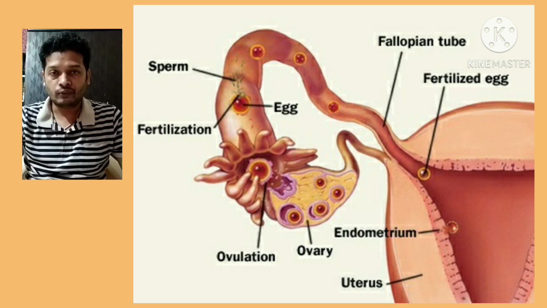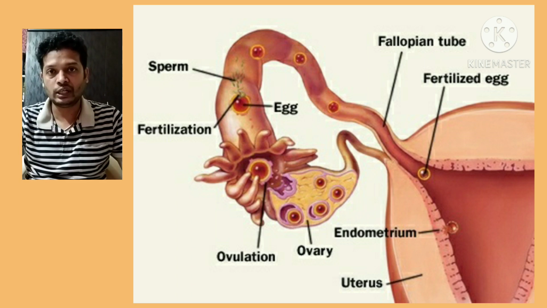Once the fertilization is done, that means human male sperms which contain 23 chromosomes and the ovum also contains 23 chromosomes, this union of male and female gamete is known as fertilization, which occurs in the oviduct. After this, zygote formation takes place. Zygote formation means mixing of two nuclei which contain half the number of chromosomes.